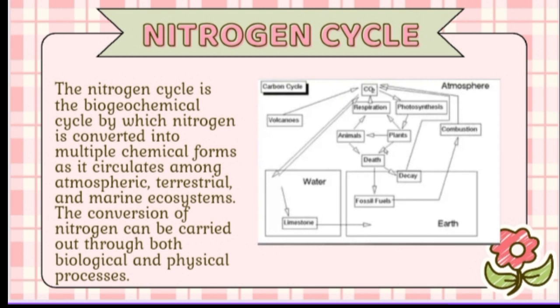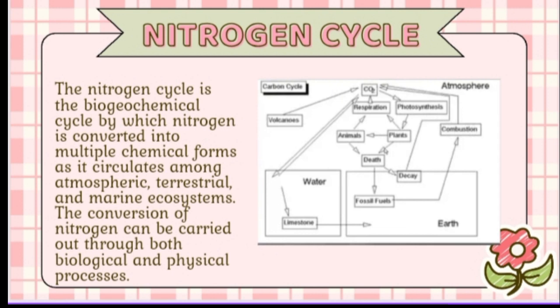Almost all of the nitrogen found in terrestrial ecosystems originally comes from the atmosphere. A small proportion enters the soil in rainfall or through the effects of lightning.